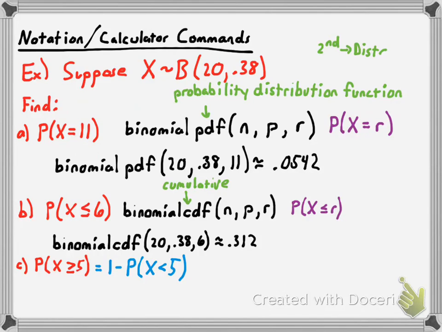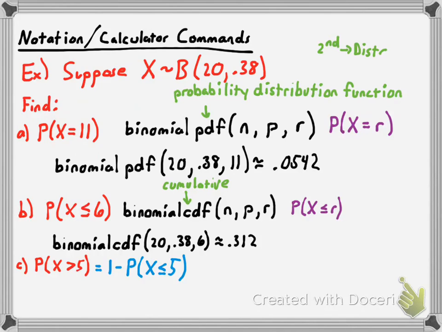On second thought, I think I better take the equal to part out of the original problem for what I'm wanting to show you here. Because the BinomialCDF, when you type it in, will include 5 as one of the successes. Just trust me on that. So we want to do 1 minus the probability that x is up to 5 successes. So that's going to be 1 minus BinomialCDF, 20, 0.38, 5.